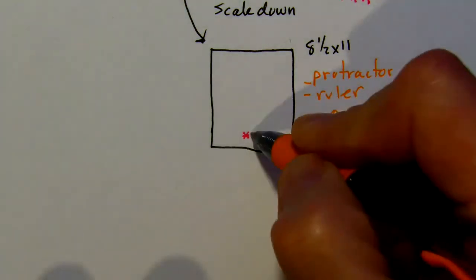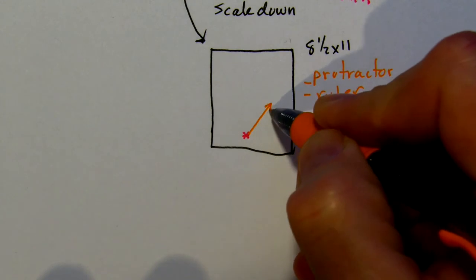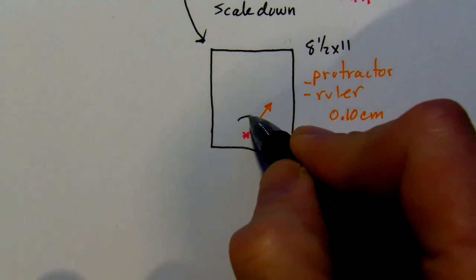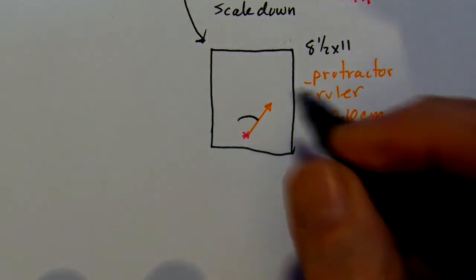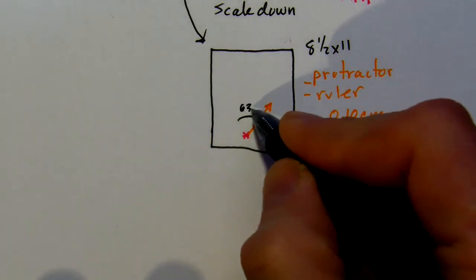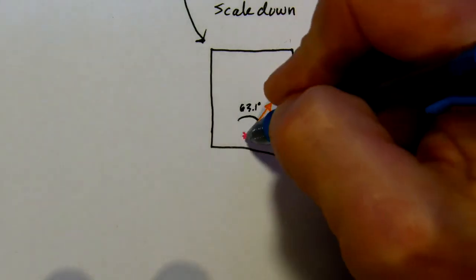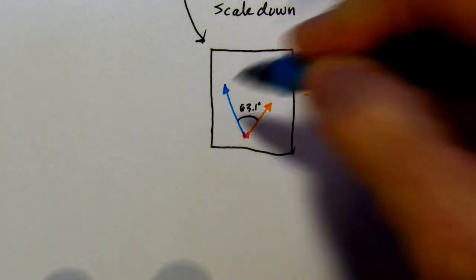And so when we measure this, we now have to have the angle. So we're going to have to go back to our imaginary drawing, or the drawing that I provide for you in the lab data for this. So we could measure this, for example, and say that that is about 63.1 degrees.